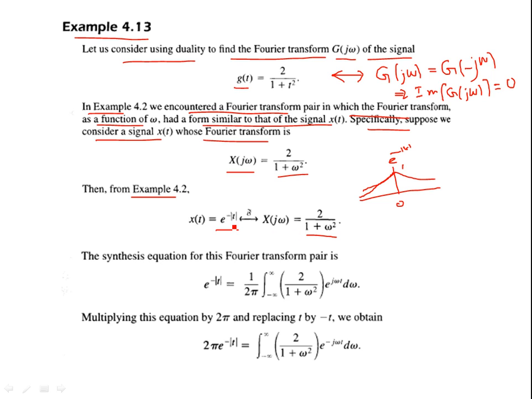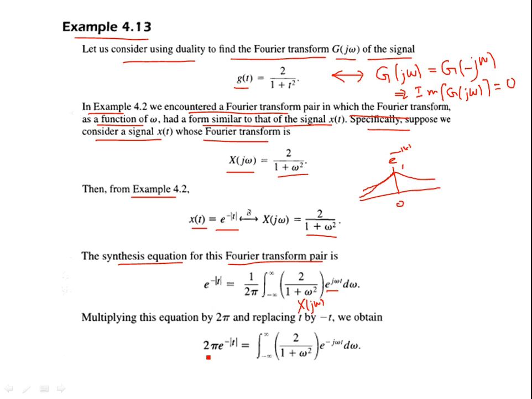So we know that for x(t), this is a Fourier transform, right? The synthesis equation for this Fourier transform pair, in terms of the integration, is that x(t) is given by 1 over 2 pi times the integral of X(j omega) multiplied by e to the j omega t.